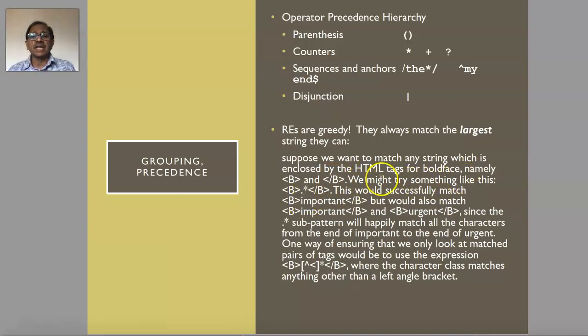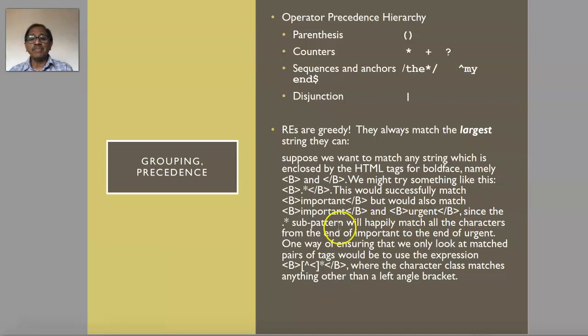So if you are using a regular expression and trying to find out what is boldfaced, what is not boldfaced, etc., then if you are using this B and then a period, star, and the end of boldface, this would successfully match with this. Period is a wildcard, so it can match with anything. It will match with important. It will also match with important like this, and also urgent, right? It is not the word important, it's a different word now.